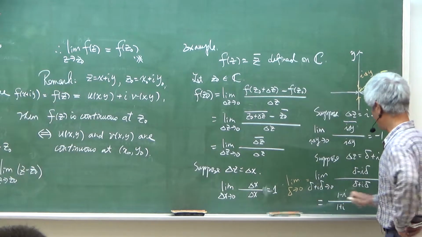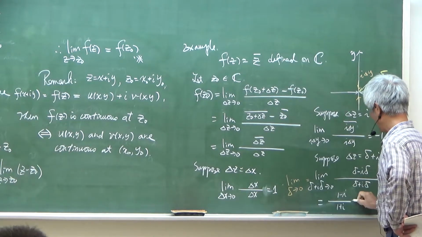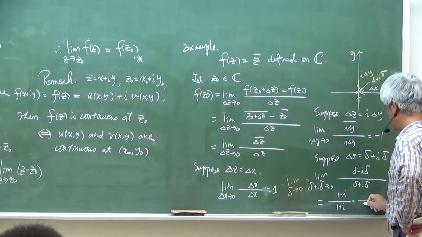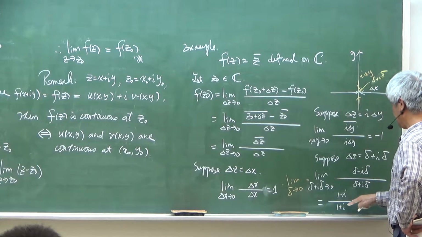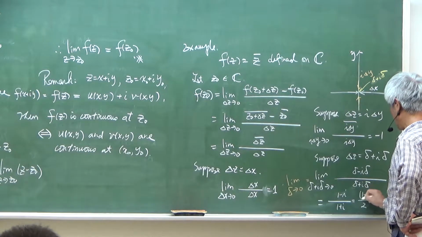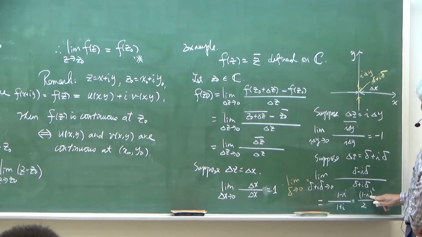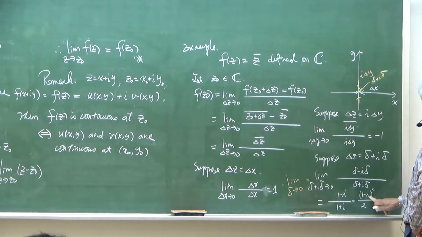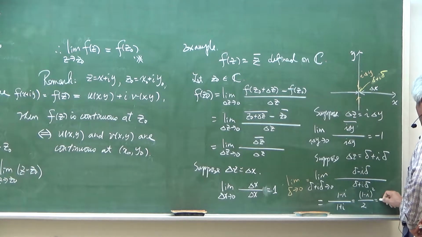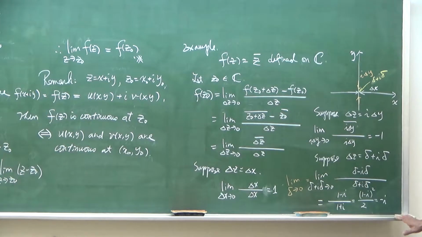Multiplying out, this is 1 minus i squared over 2, which is 1 minus 2i minus 1 over 2, so this is minus i.